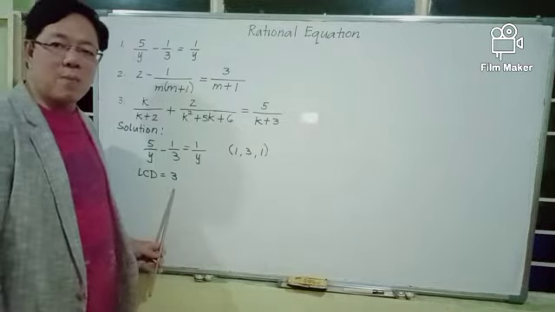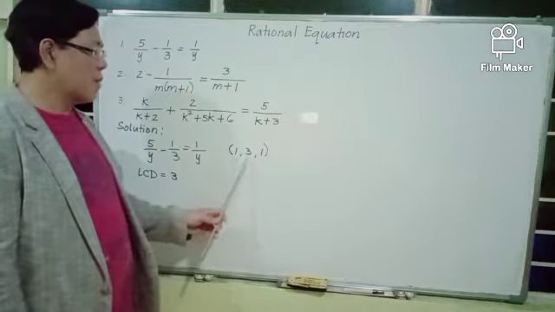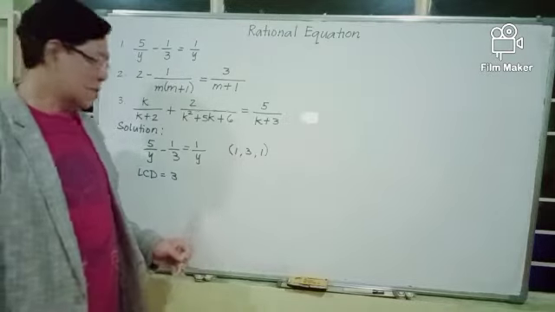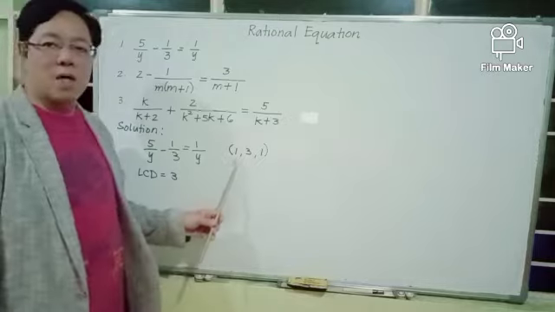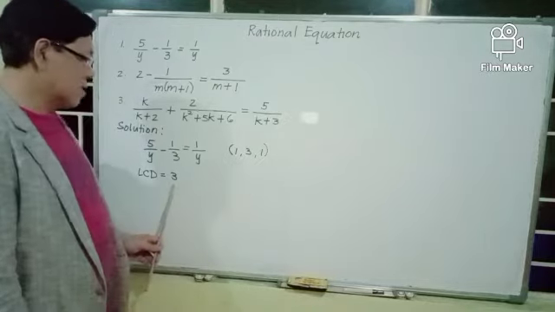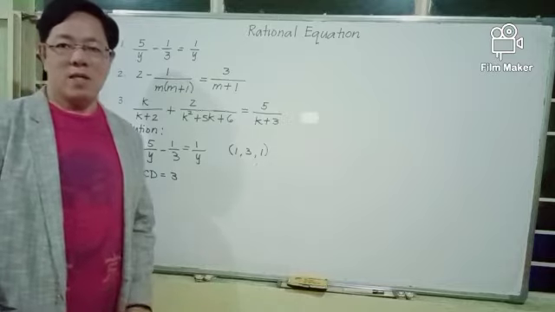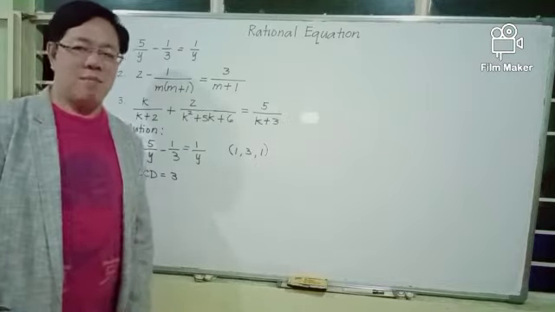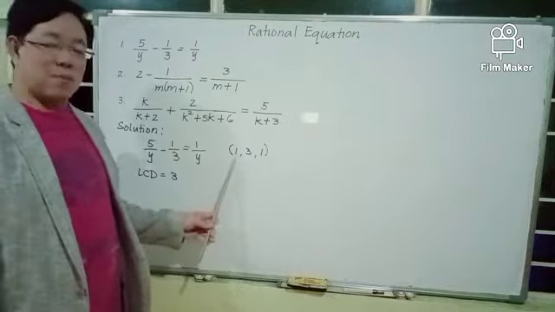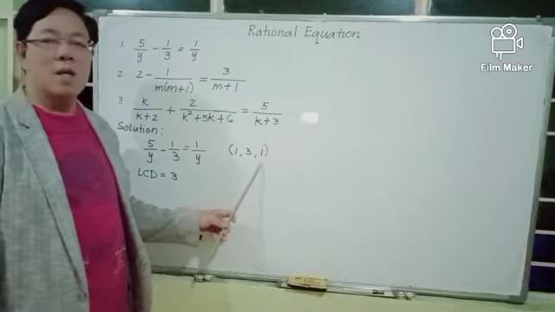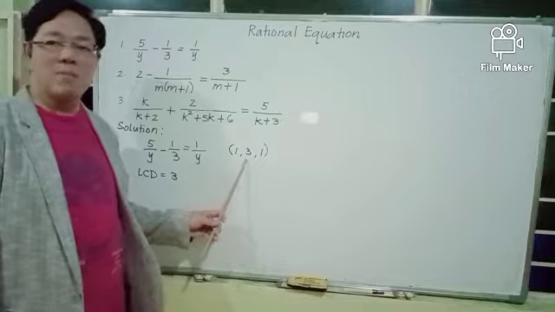Three is exactly divisible by 1, 3, and 1. That means if you divide 3 by 1, by 3, and by 1, the answer is an integer without a decimal. Now, 1 cannot be the lowest common denominator for 1, 3, 1 because 1 cannot be divided by 3.